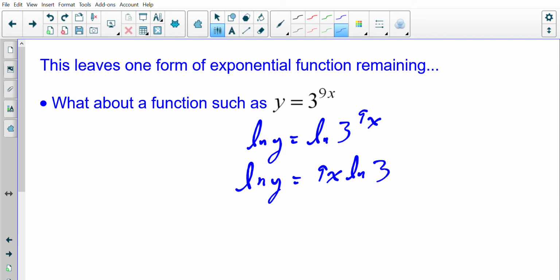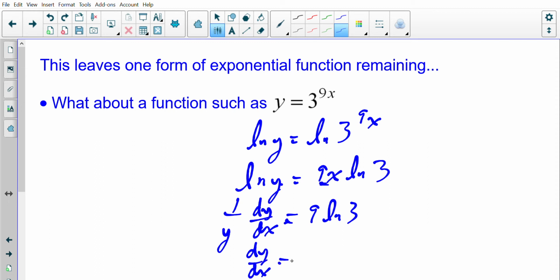Natural log of 3. Implicit differentiation, so 1 over, this is ln of u, so 1 over u du. Ln of 3 is just a constant, so it's going to be the derivative of this, which is just 9, multiplied by the natural log of 3, which is just a constant. So you don't need a product rule or anything like that. Dy dx then would be, I have to multiply both sides by y.